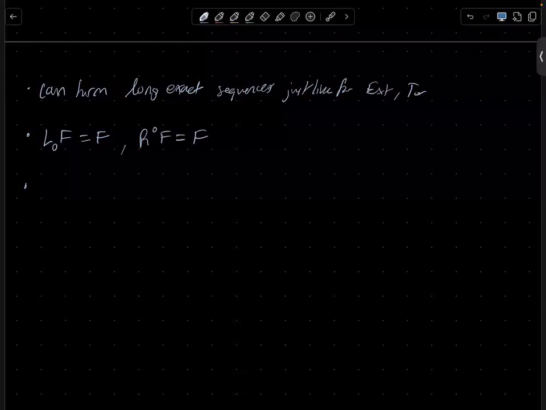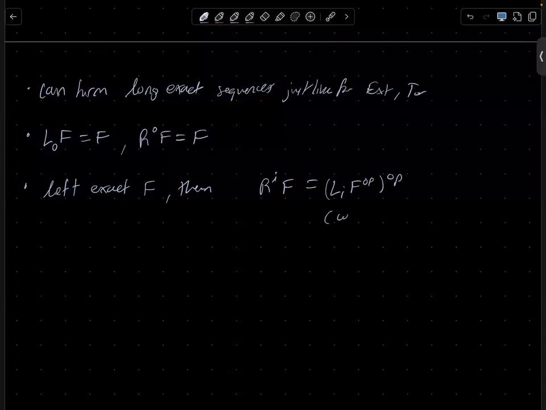Another interesting thing that we saw with Ext, that I will say more generally here for left exact F: R upper i F agrees with L lower i of F-op, and then op again.